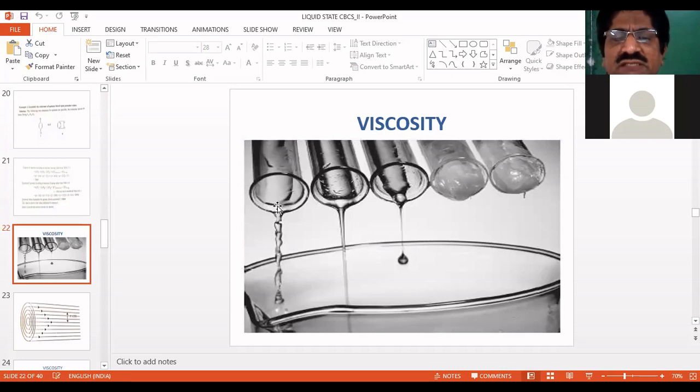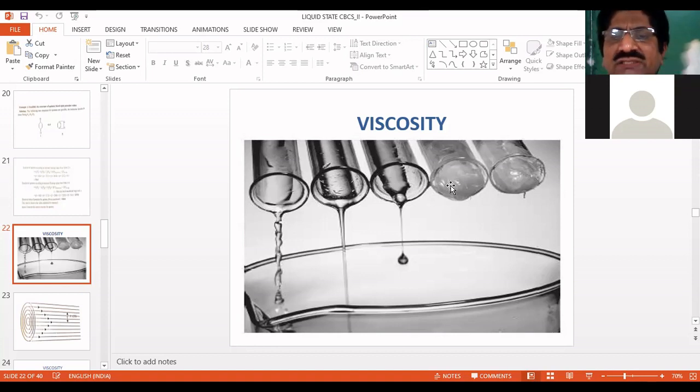The first liquid flows very easily. The second liquid flows a little slowly. Third, still slower. Fourth, almost not coming out. The fifth, almost not at all. Though these are all liquids, there are large differences in the movement, the flowing capacity, and this is what determines the viscosity of the liquids.